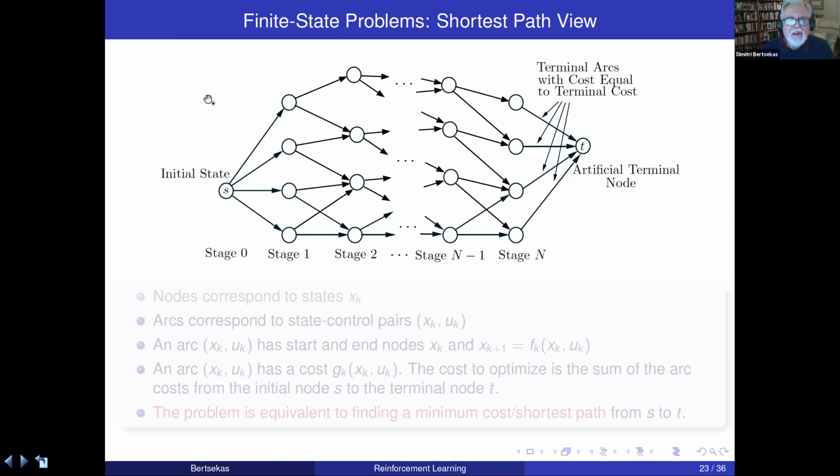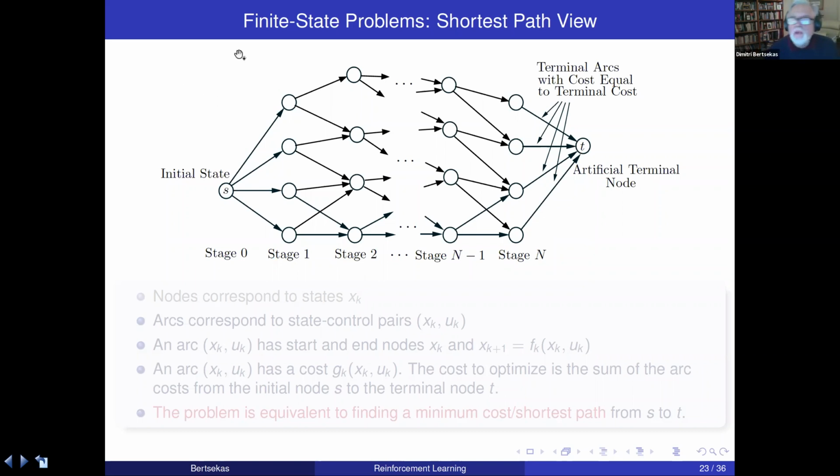On the other hand, finite state problems have a natural appeal in that they are ready to be put into the computer. The computer cannot recognize continuous spaces, only discrete spaces. And finite state deterministic dynamic programming problems have a connection with shortest path problems, which I'm sure you've heard of in various courses.